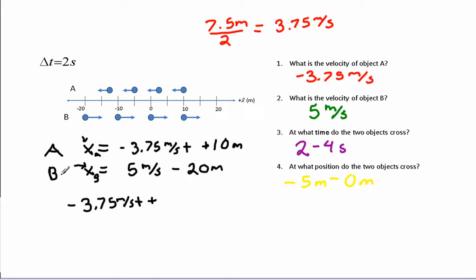So we could set these two equations equal to each other. This is a t. And do a little bit of algebra to solve for t. So I could add this to that side, add this to this side.